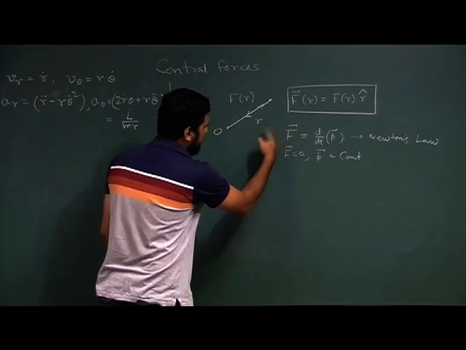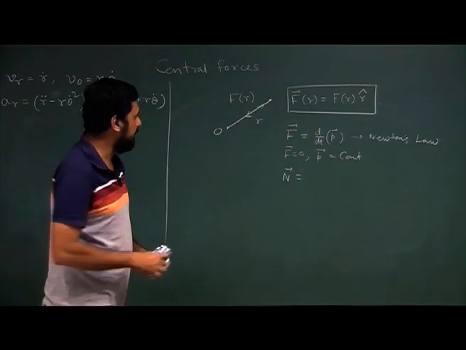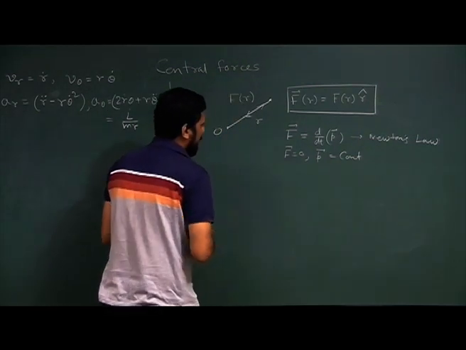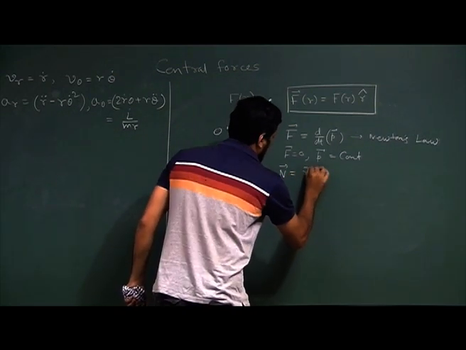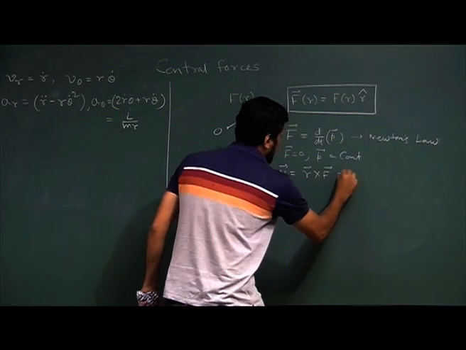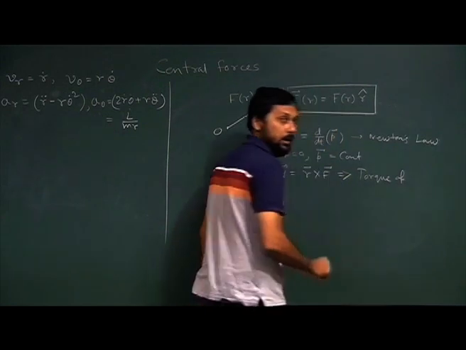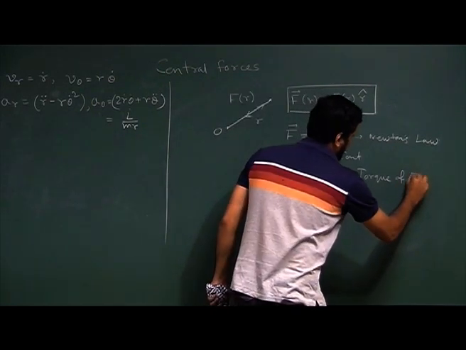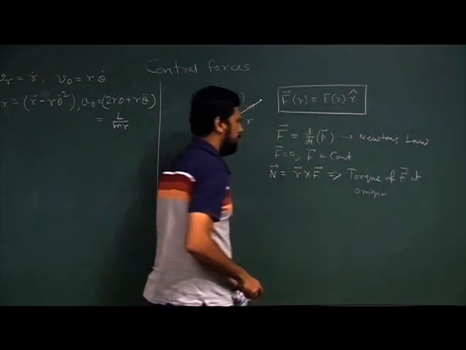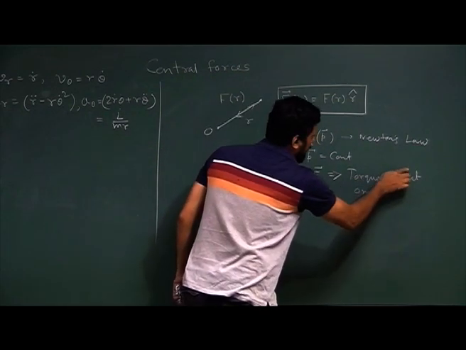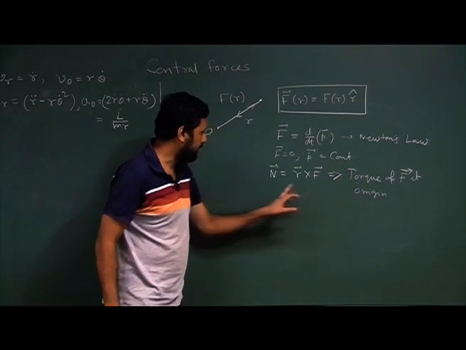We just have to replace the left hand side with N, but let us do it systematically. N is equal to r cross F, it is the torque of F at origin. Torque of this force F at origin is given as N.